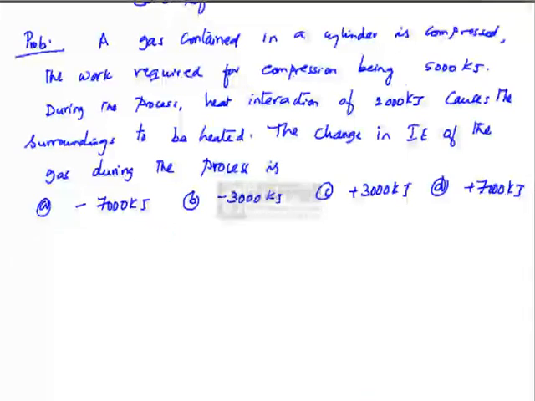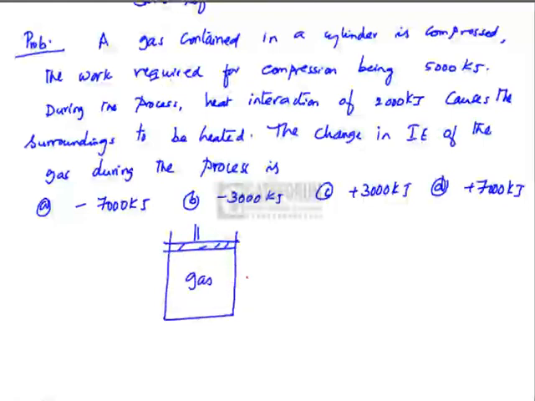Now let us solve the problem. A gas is taken in a piston cylinder arrangement. The system is definitely closed because there is no possibility for mass transfer between the system and surroundings.